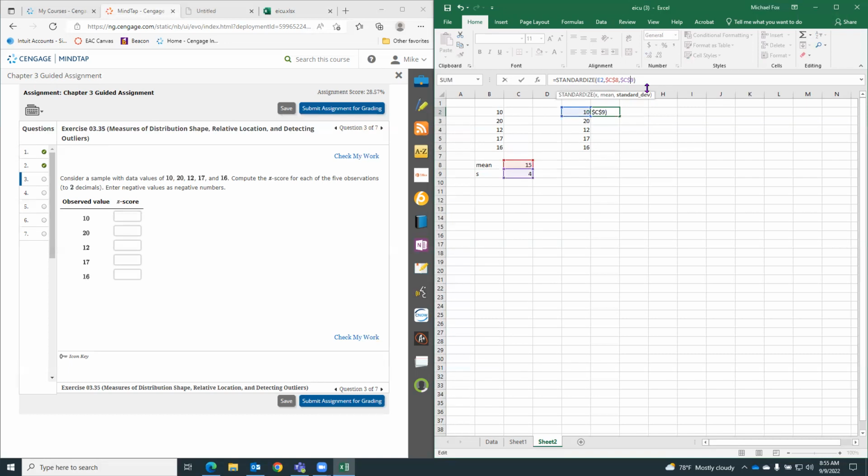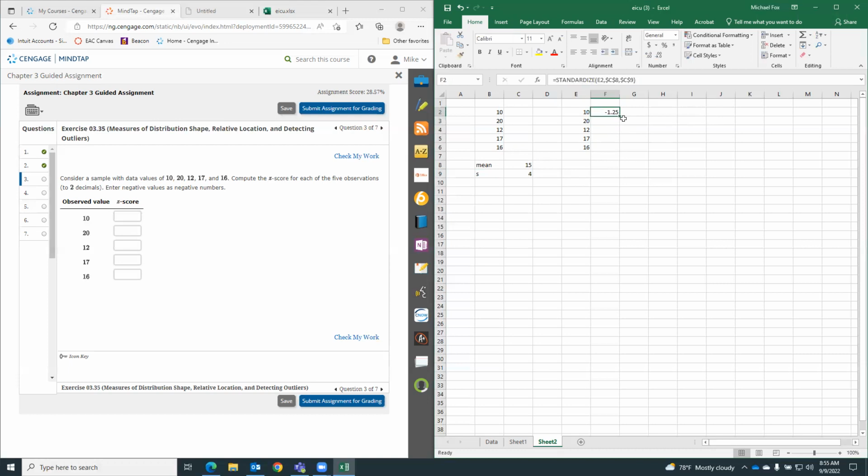Now this is telling Excel, when we fill, we want you to shift the one for X down and look at each of these numbers here. But don't shift this cell for the mean, and look at this cell, C9, and don't shift when you're looking for standard deviation.